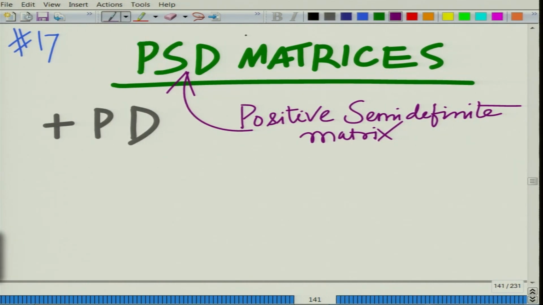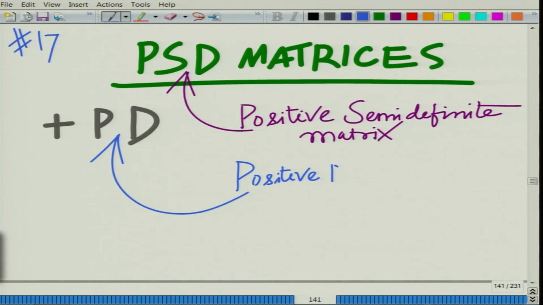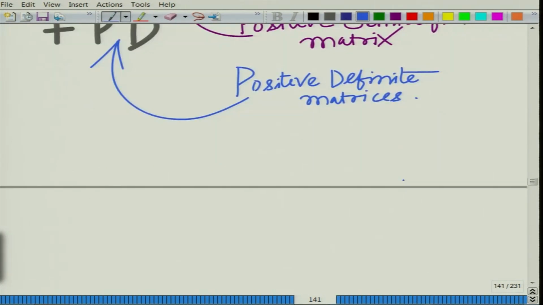And these are related. PD means positive definite matrices.